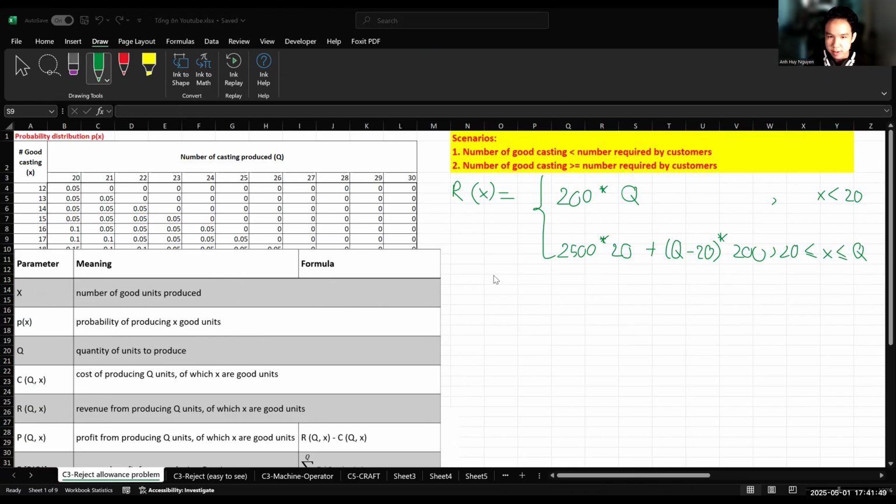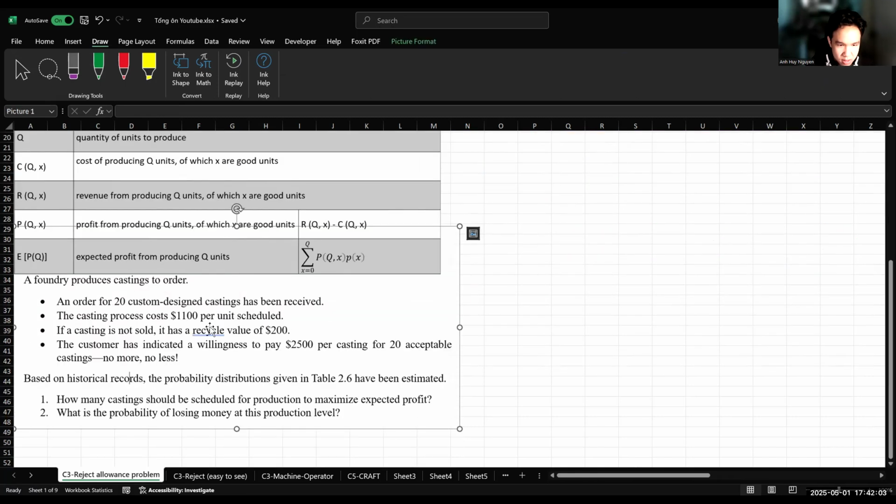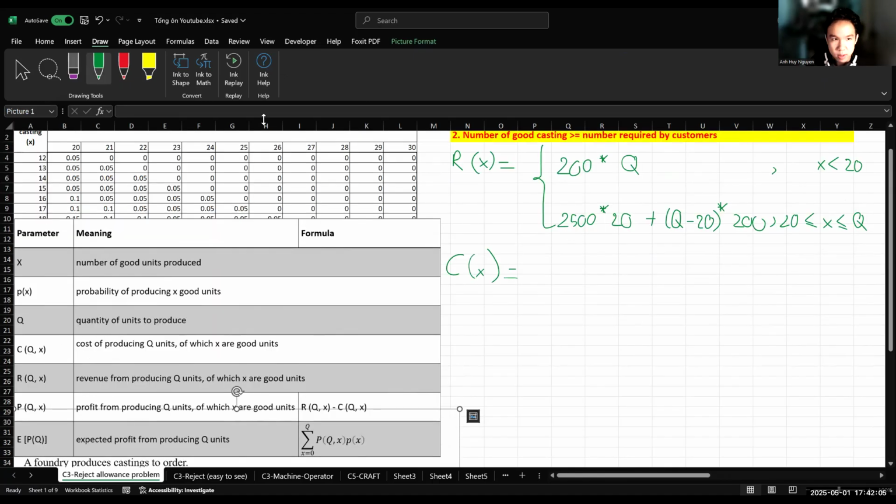Okay, that's correct. Now, you already have the formula for the revenue, right? We move to cost. So it costs you $1,100. Okay, so it will just be $1,100 multiplied by Q. That's it for all of these scenarios.